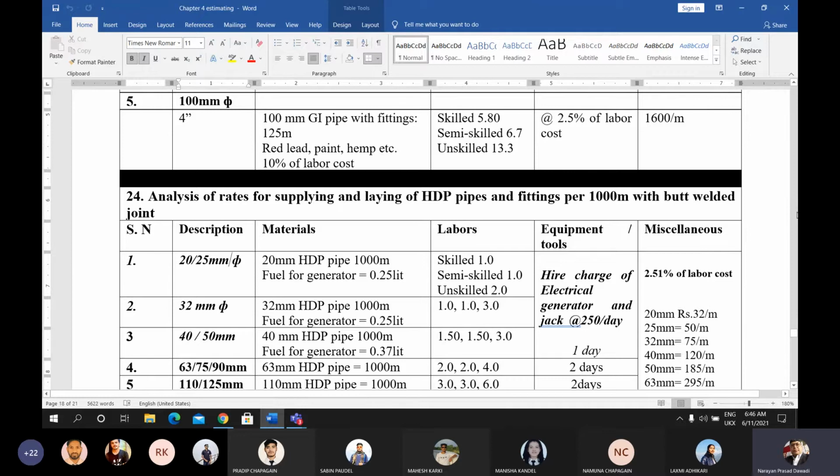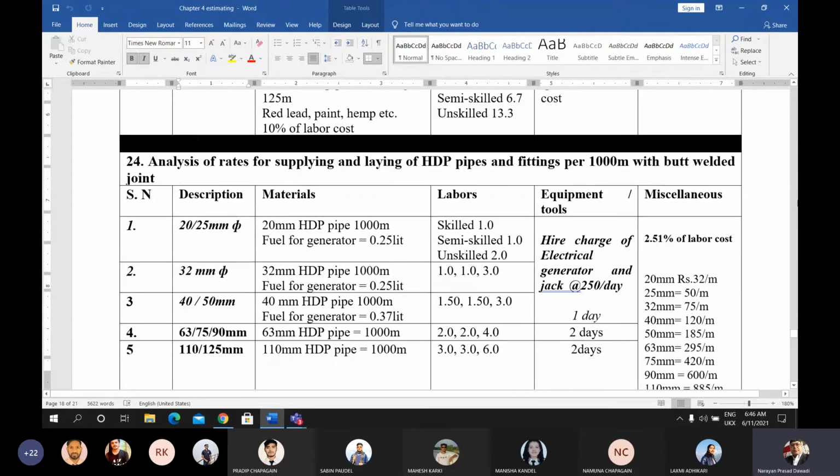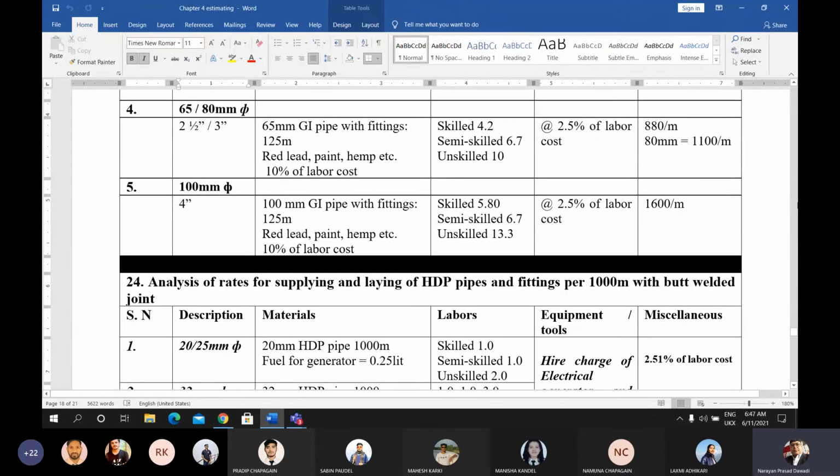They are heavy and costly, and they are replaced by the polythene pipes these days. So I have not done the cast iron pipe rate analysis. That may not be asked in the examination. So I did it for MS pipe, GI pipe, and the high density polythene pipe.